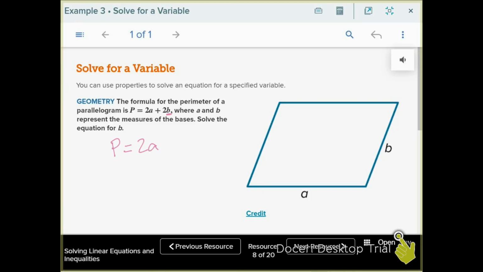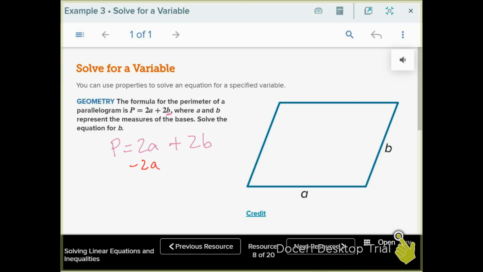So I start off with my equation. And again, if my goal is to get b alone, I want to get rid of everything else on the same side of the equal sign that is not b. So the first thing I see is that I have an added 2a. To get rid of an added 2a, I want to subtract 2a.